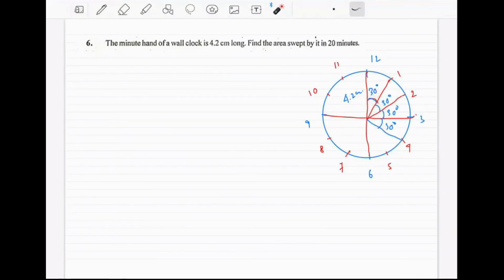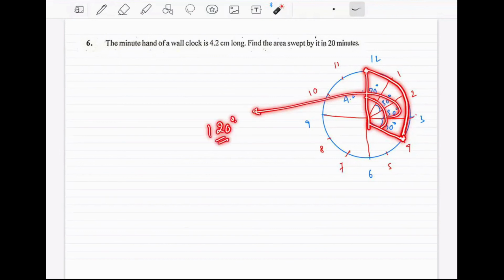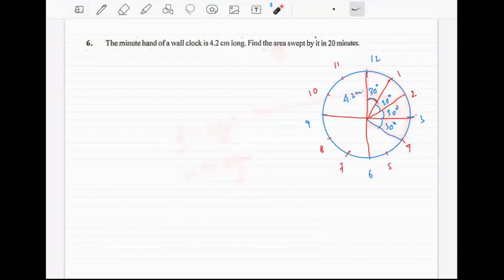If it goes from 12 to 4, how much will it be? 30, 30, 30, 30, 4 times 30 is 120. So this total angle will be 120 degrees. So when the minute hand goes from 12 till 4, it forms a sector having sectorial angle 120 degrees. And the radius is 4.2 centimeter. If radius and angle theta are given, it's easy to find out the area of the sector, right?